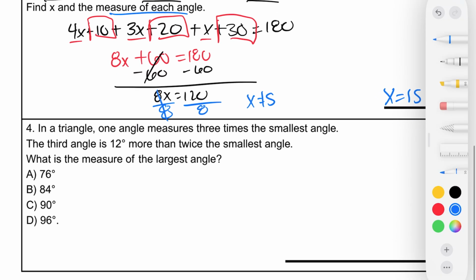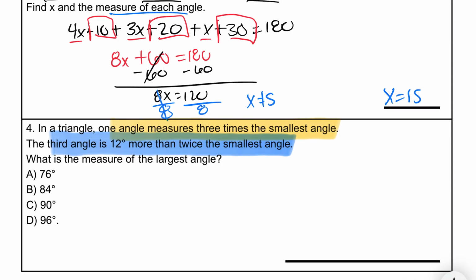All right, this one, number 4. In a triangle, one angle measures 3 times the smallest angle. The third angle is 12 more than twice the smallest angle. What is the measure of the largest angle? So clearly, since it didn't say anything about the smallest angle, it will be x. So what I'm going to do is put x over the smallest angle.